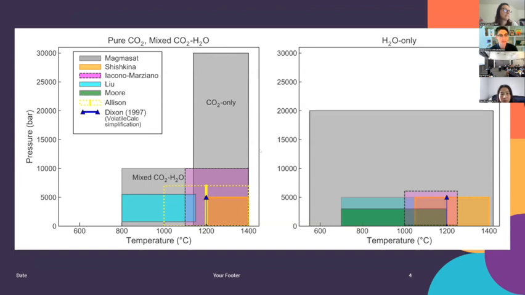We took 7 popular H2O-CO2 models, and you can see the spaces that they cover. Again, MagmaSat is pretty much in every way the most broad, with by far the highest pressure and temperature range. But if you want to model a very specific system, you might look to one of these models that was developed specifically for that volcano. So again, it's all about how you choose the model that you want. Next slide, please.